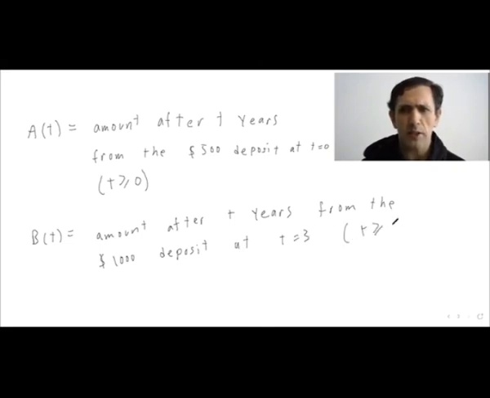And so this means t is bigger or equal to 3. So we're looking at B of t between t equals 3 and t equals 6. In particular, we want B of 6. So the final answer is just going to be A of 6 plus B of 6. We figure out how much the $500 grows after 6 years, and how much the $1,000 grows after 3 years.